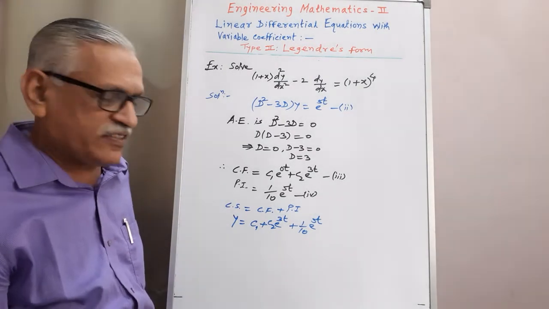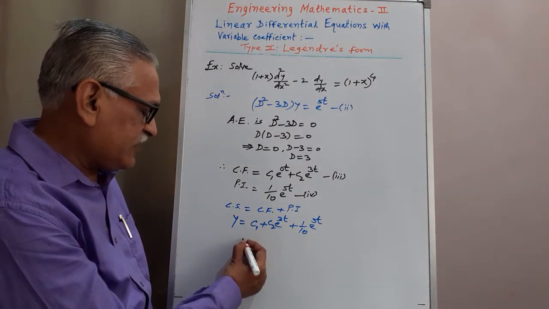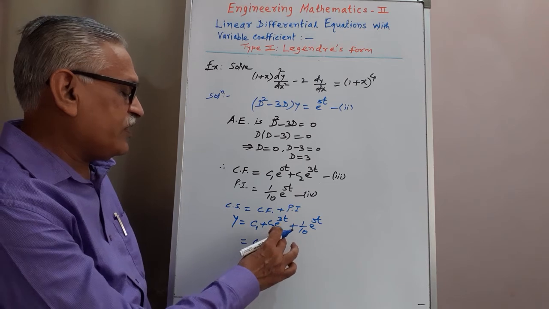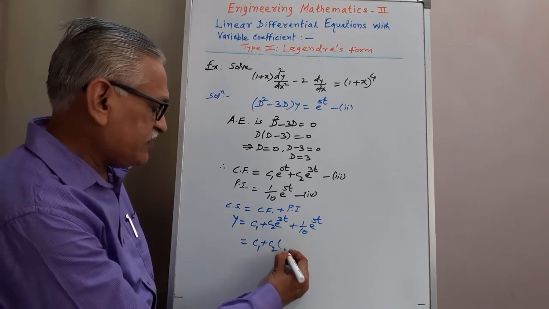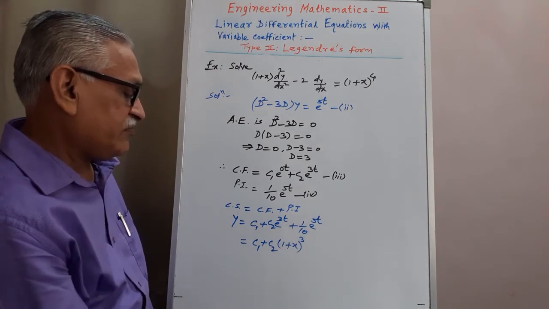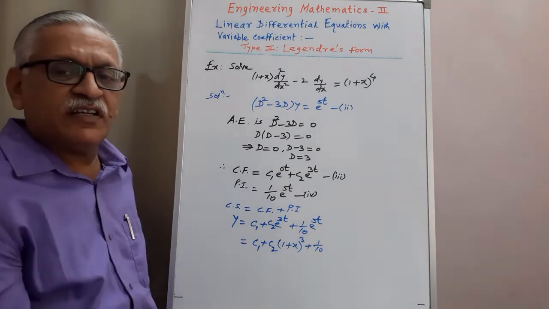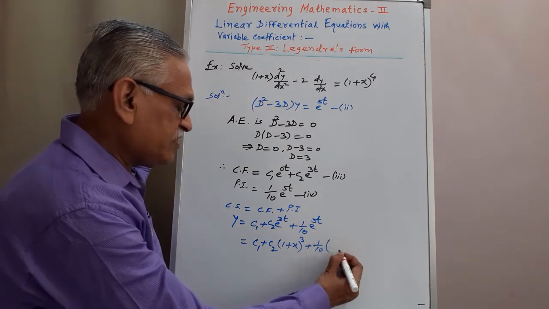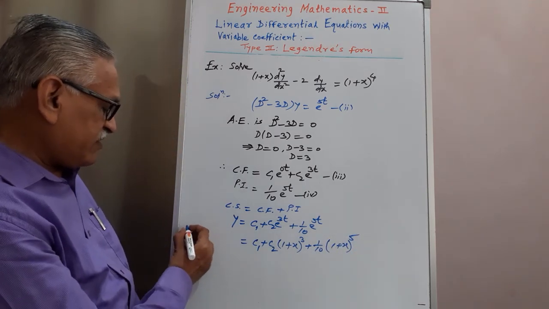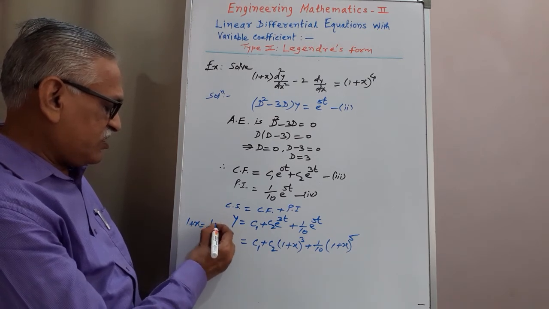The original equation is in terms of x and y, therefore we again convert it into x and y. So it is c1 + c2 times e^t raised to 3, and the value of e^t is 1 + x, and (1/10) e^(5t) means e^t raised to 5, but e^t is 1 + x, so it is (1 + x)⁵.